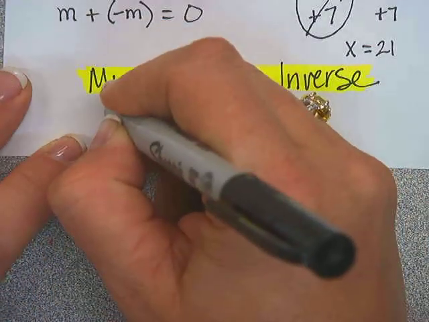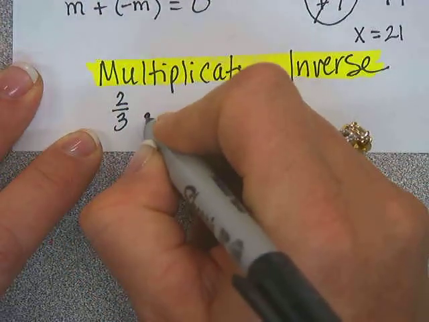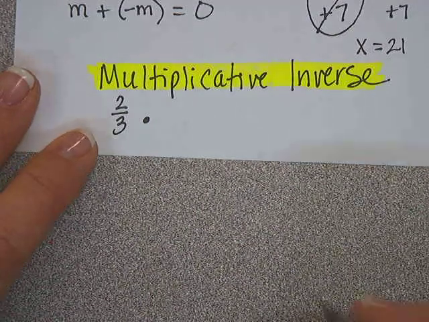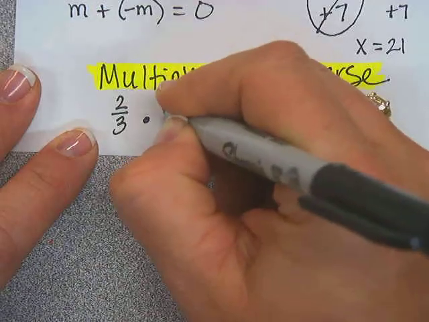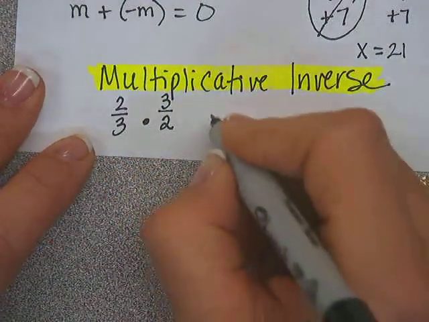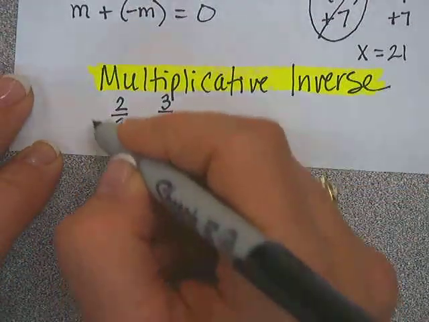Okay, so let's do the same thing with multiplicative inverse. If you multiply something by 2/3, what can you multiply to undo 2/3? To undo multiplying by 2/3? Well, the multiplicative inverse is the reciprocal. Because notice what happens.